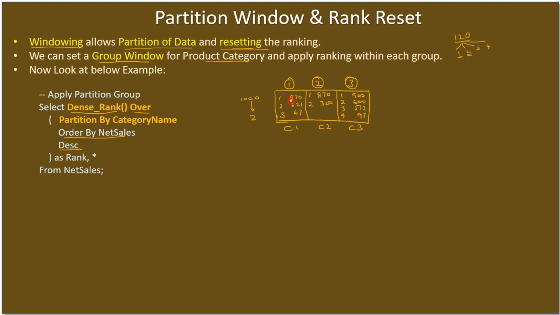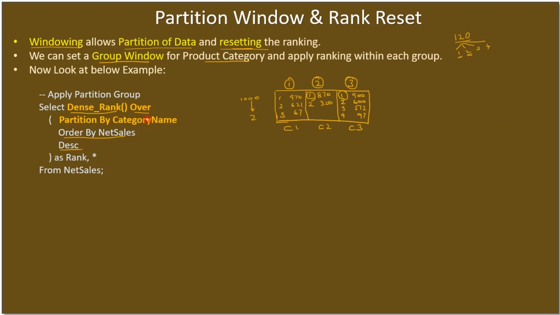Likewise, ranking will be given. What you have to note here is that the ranking is going on, then it is reset and ranking starts from 1. And when it goes to the third category, ranking resets and starts from 1. That's what is decided by this query.